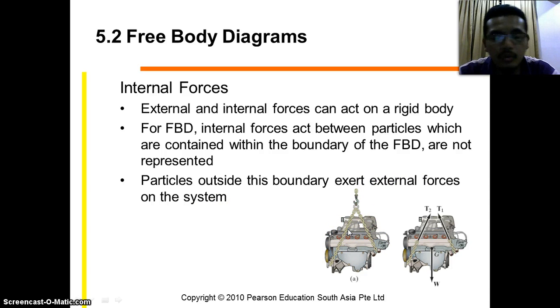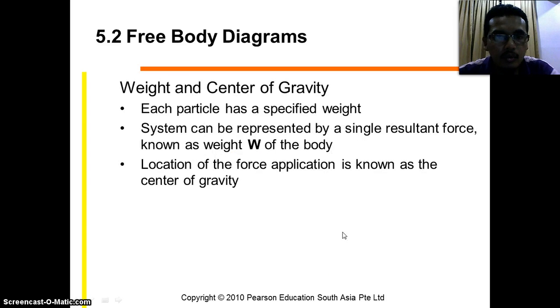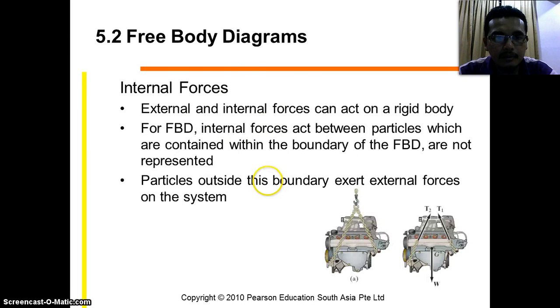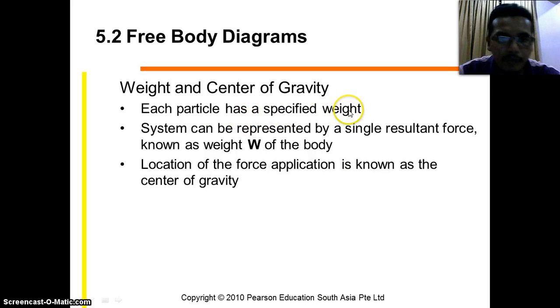So how do I eliminate, transfer or convert the internal forces, because this is also important for our calculation. As I said, each particle in this machine has a specified weight. So a system can be represented by a single resultant force known as the weight of the body.